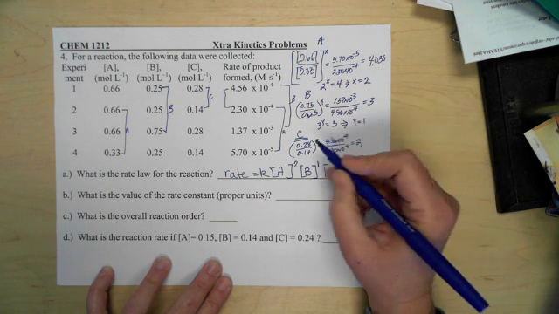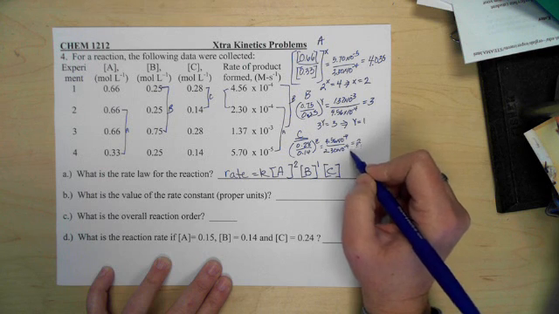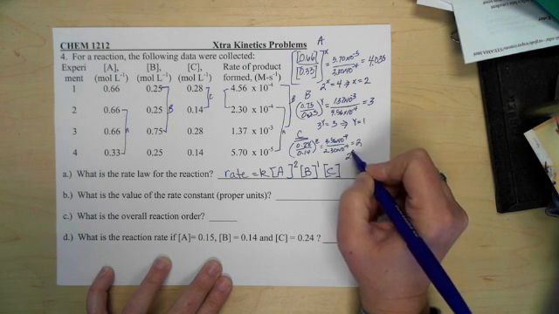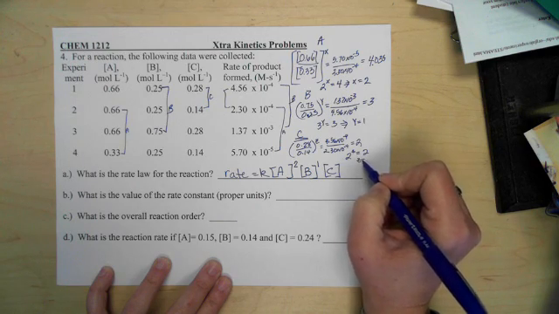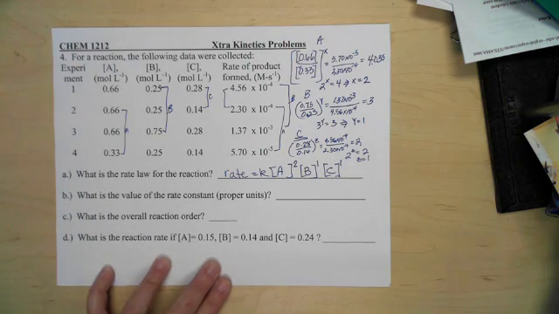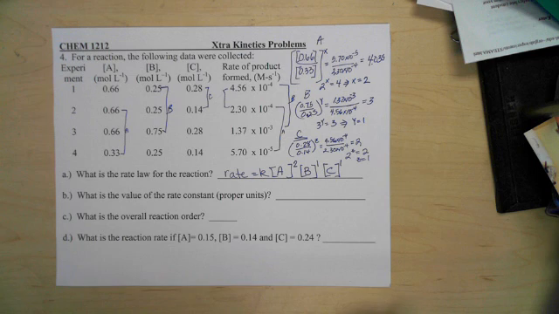Alright, so what we're doing is doubling. So we have 2 raised to the z is equal to 2, which means that z is equal to 1. So A is second order, B is first order, and C is first order as well. So now we've completed our rate law.